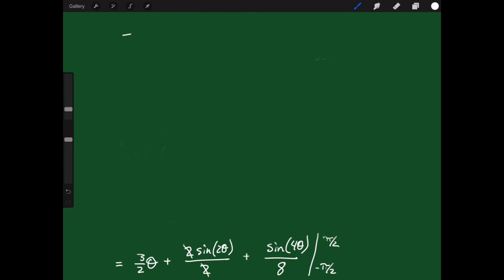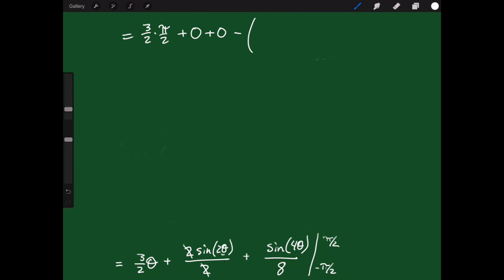First, we plug in pi over 2. So I get 3 halves times pi over 2. Then I plug in pi over 2 here for theta. So I get 2 times pi over 2, which is pi. Sine of pi is 0. Then I get sine of 4 times pi over 2, which is 2 pi. Sine of 2 pi is 0.